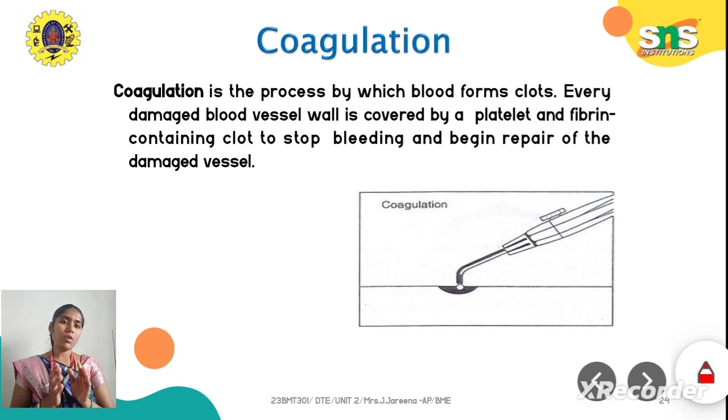Next we will see the coagulation process. Here also we are using the same high frequency current, but with minimal intensity, that is 150 to 250 watts. We should ensure the temperature does not reach above 100 degrees Celsius. We have to maintain a temperature range of 40 to 60 degrees Celsius, because this process is called coagulation.